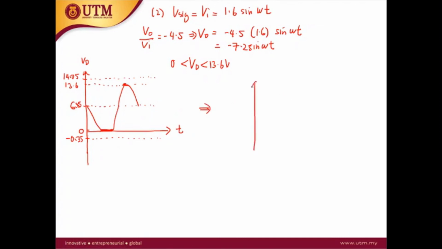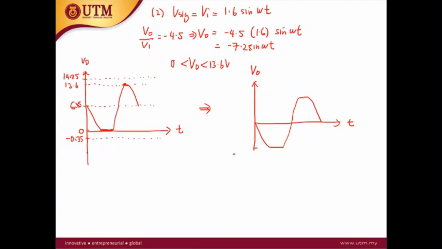So what happens at the load? At the load, the DC shift 6.85 is removed, so the waveform will become something like this. This is the V out over time. The total V peak is 7.2, so we need to subtract 0.35.